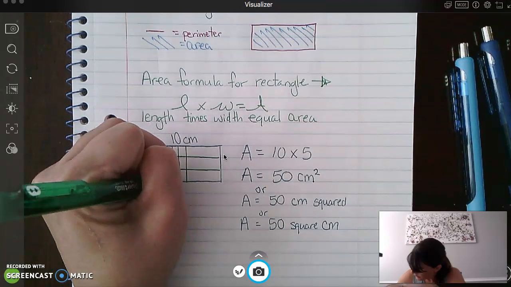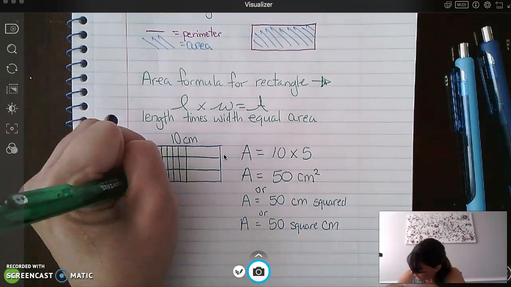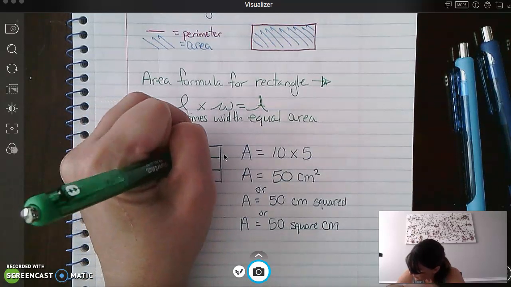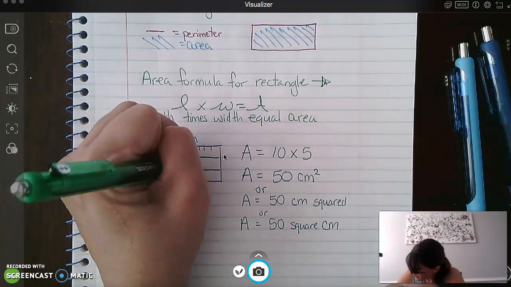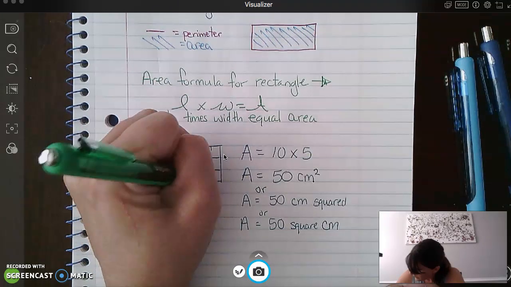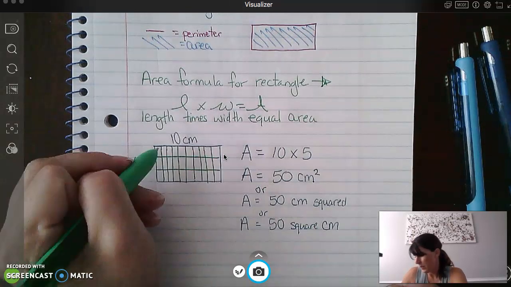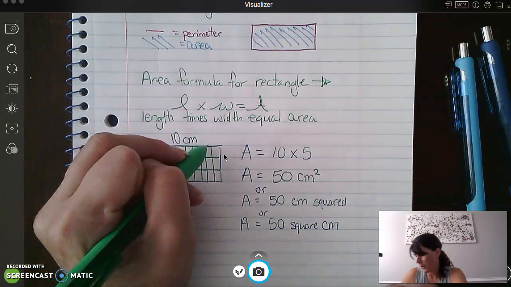And I'm doing this freehand, so pretend they're all equal. Because each one of these now is a centimeter, so 1 centimeter, 2, 3, 4, 5, 6, 7, 8, 9, 10.